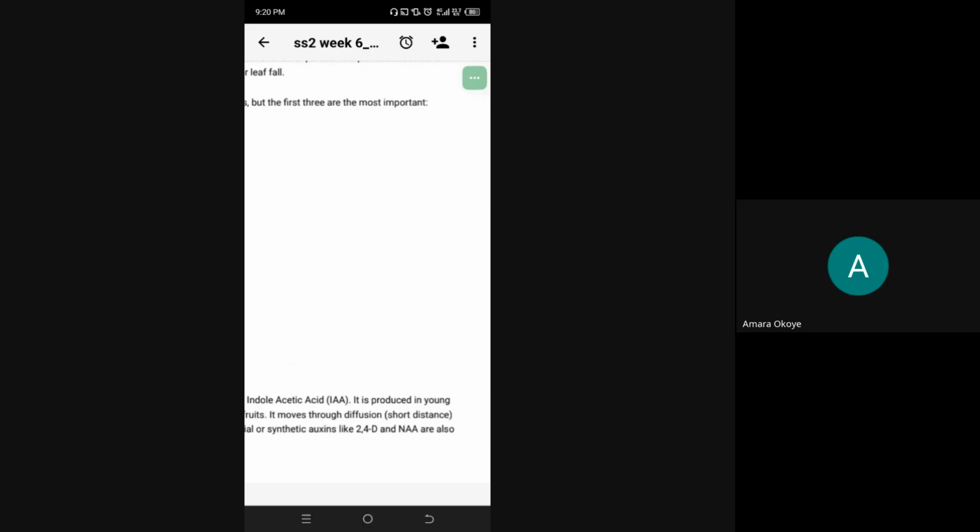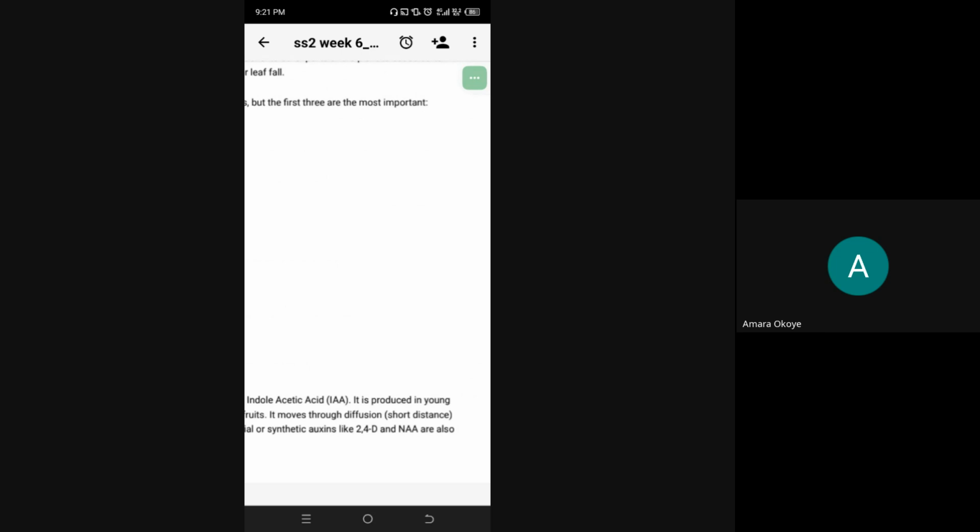Now this dichlorophenoxyacetic acid, you can use it as a weed killer. It's a herbicide. Anything that kills weeds is known as a herbicide. If you spray it on your crops, it will kill those weeds without affecting the plants or the flowers.